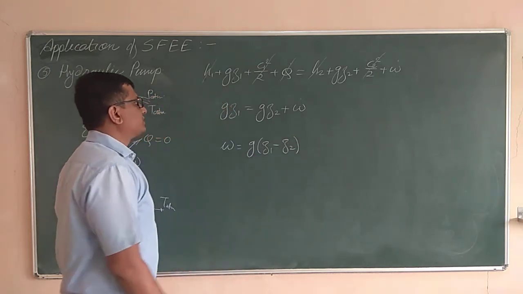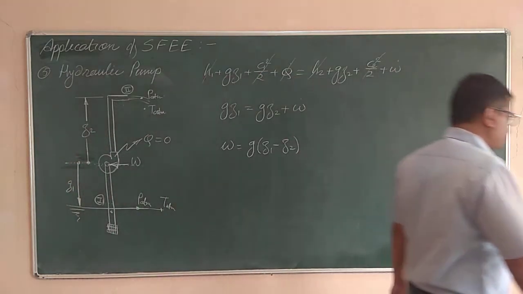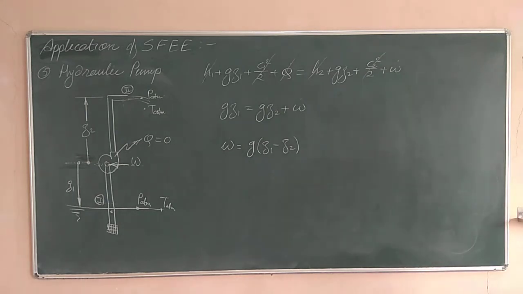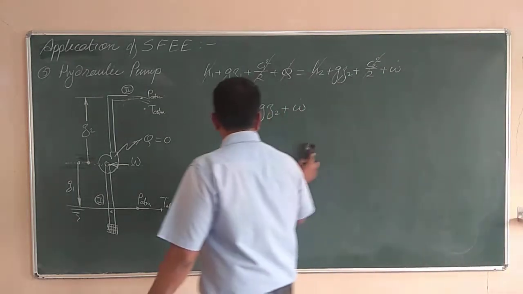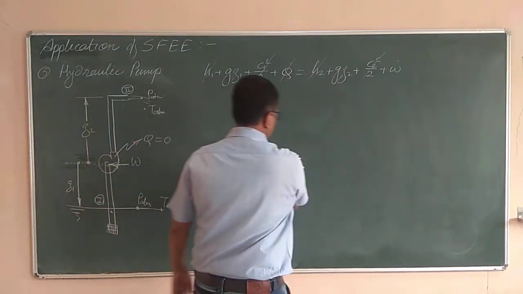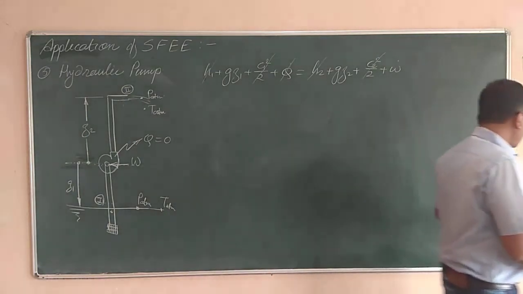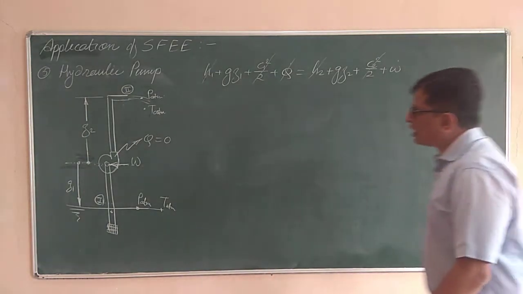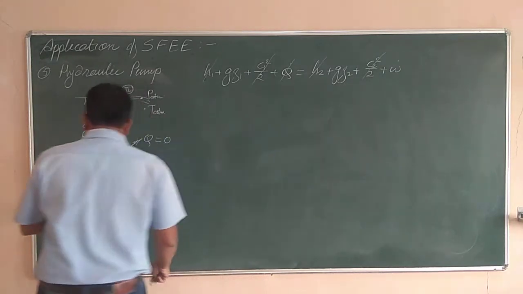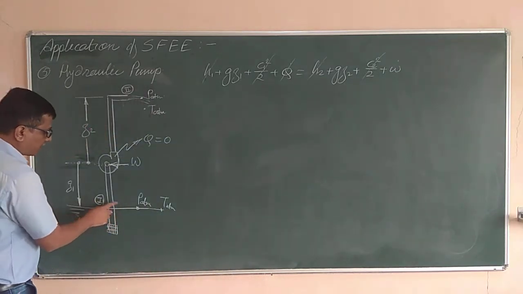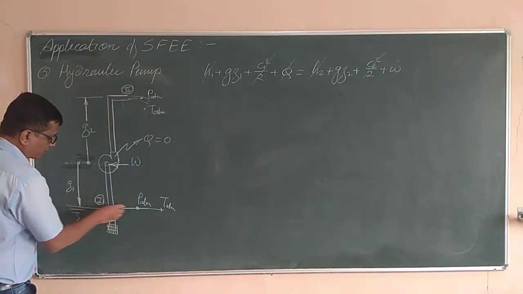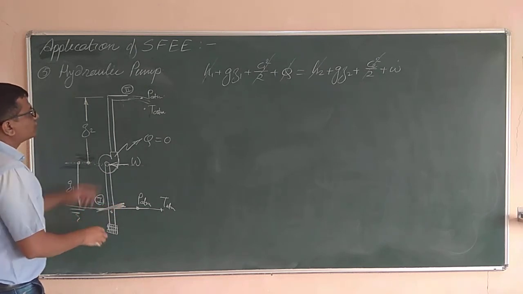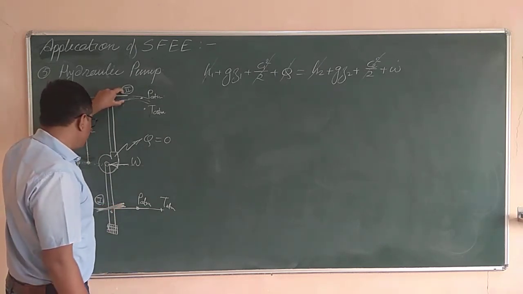Now let me correct this equation. I have done something wrong, actually not wrong, but I didn't follow the sign conventions. Across section 1, very close to the water over here, this is section 1, and section 2 is at the delivery pipe.